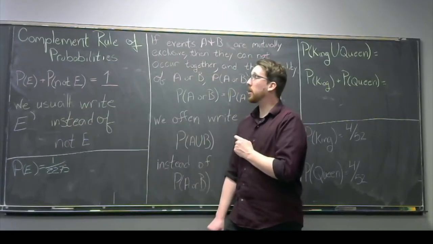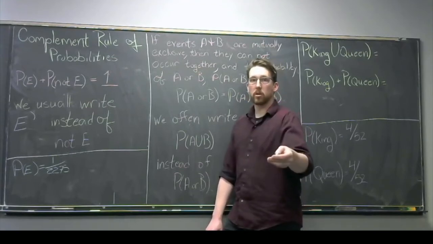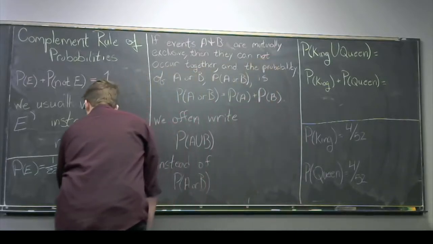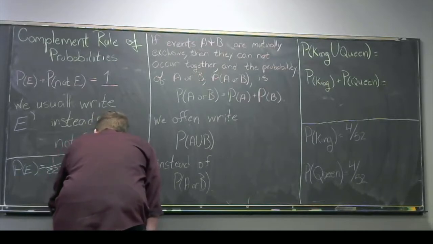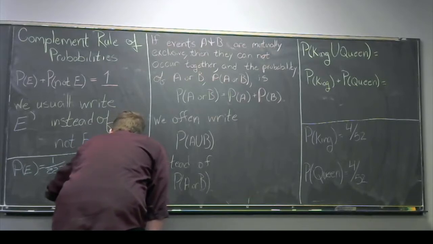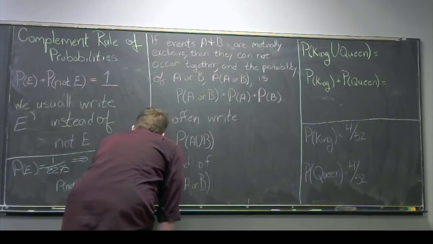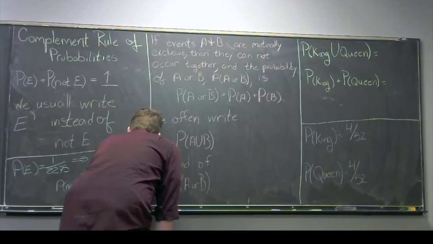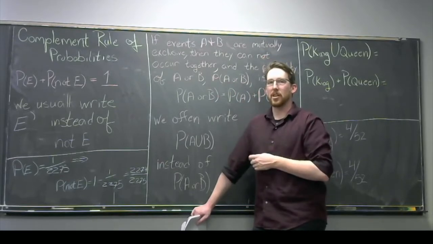So if we're going to find the probability of not E, so in that last example, the probability of ordering the wrong thing, that's going to be 1 minus 1 over 2275, or 2274 divided by 2275. So there's a high probability there that you're going to order the wrong thing.